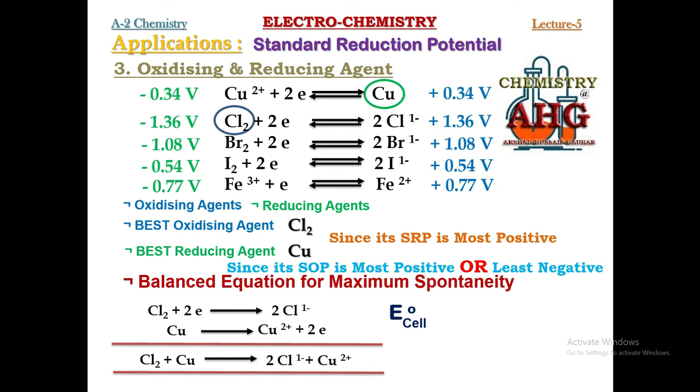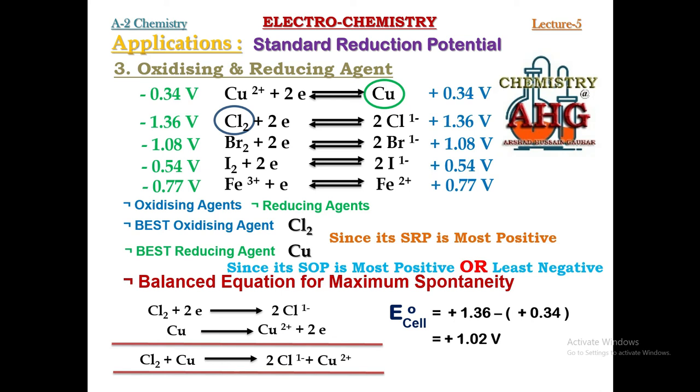For this electrochemical cell, it is plus 1.36 minus plus 0.34. If you use the calculator, you get the standard cell potential, which is plus 1.02 volts. This is the maximum voltage that an electrochemical cell can produce out of these 5 half cells.